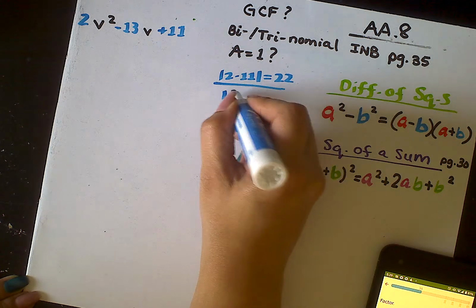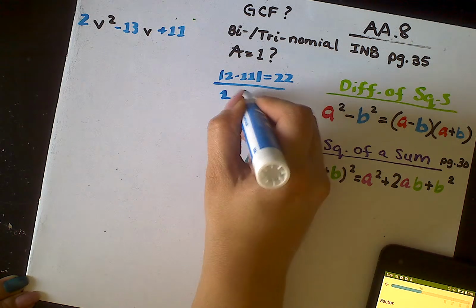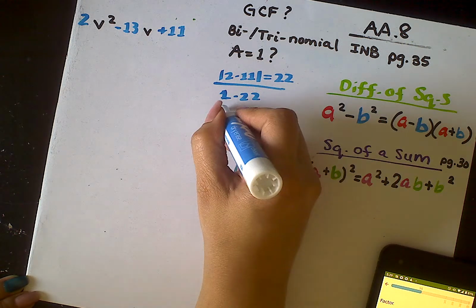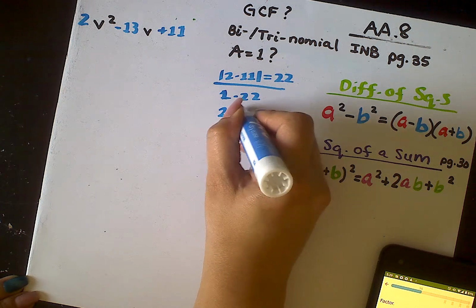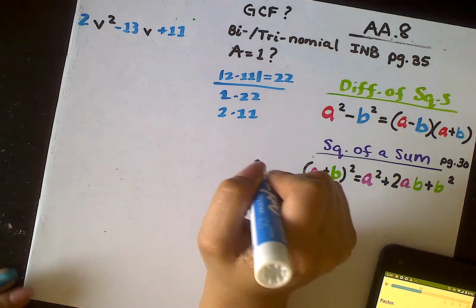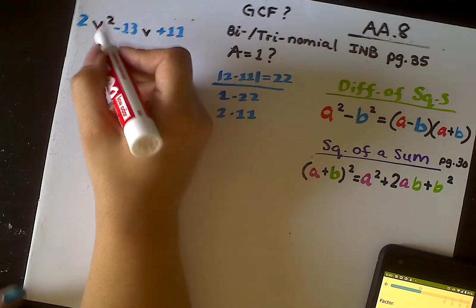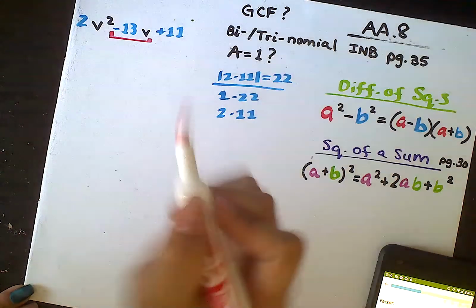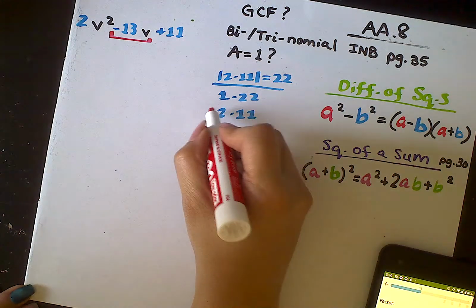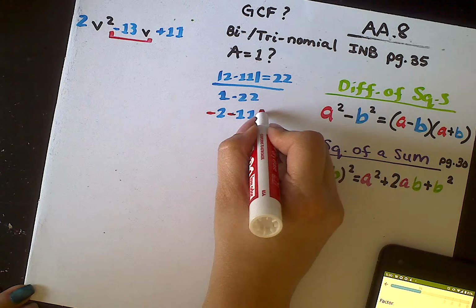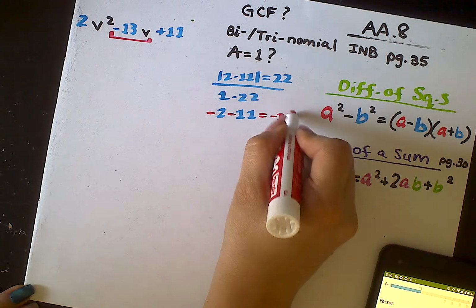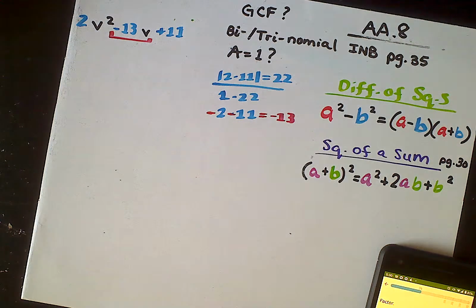So that would be 1 times 22, 2 times 11. And since 11 is a prime, that's all that we have here. So we want to try and make my b value, which is negative 13. Ooh, there we go. That's how I can get it.